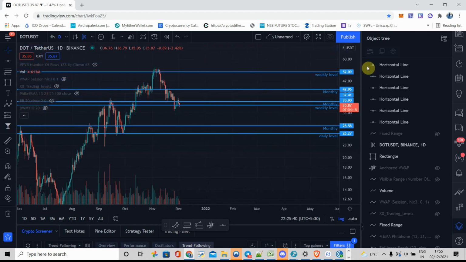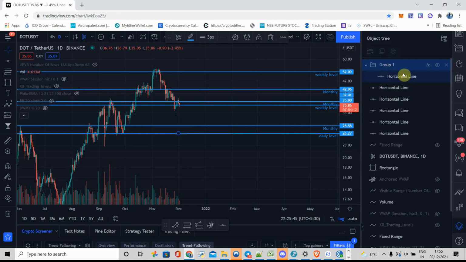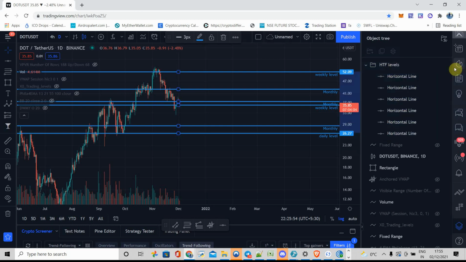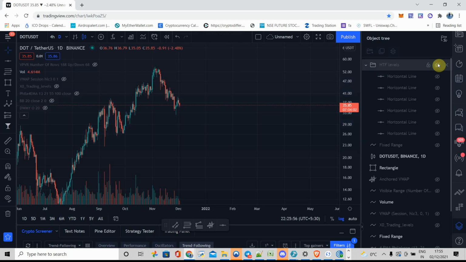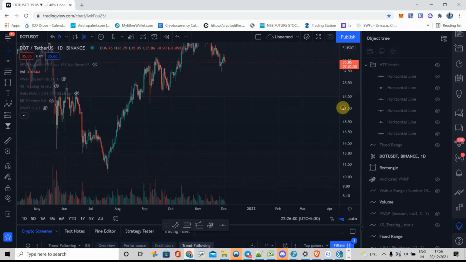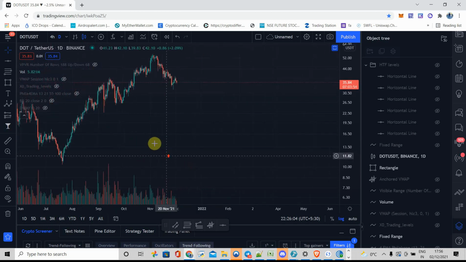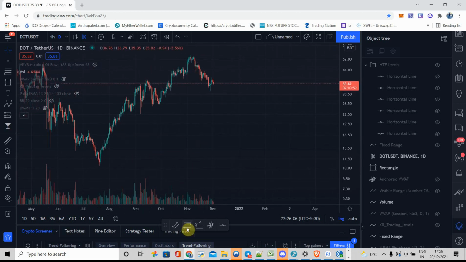First of all, let me hide these higher time frame levels so that we get a cleaner chart. Now let's draw the fib from the start of the trend to see whether we get any confluence with the horizontal support and resistance.